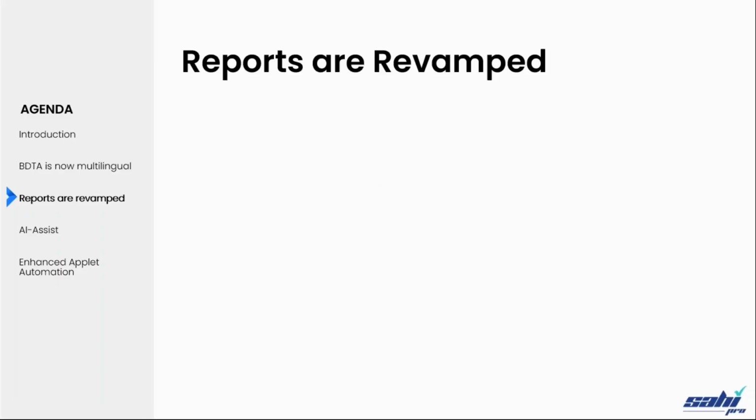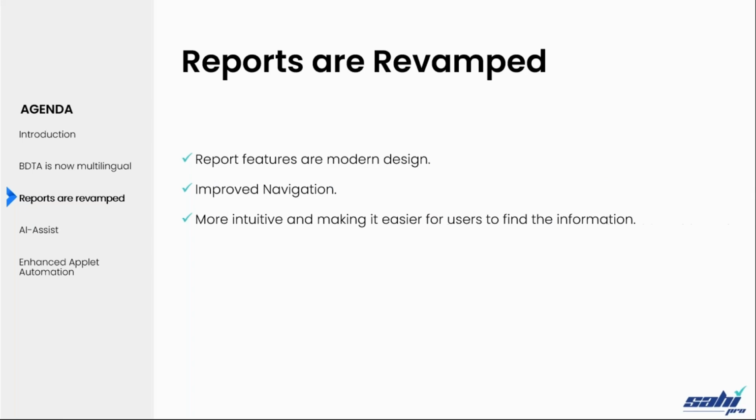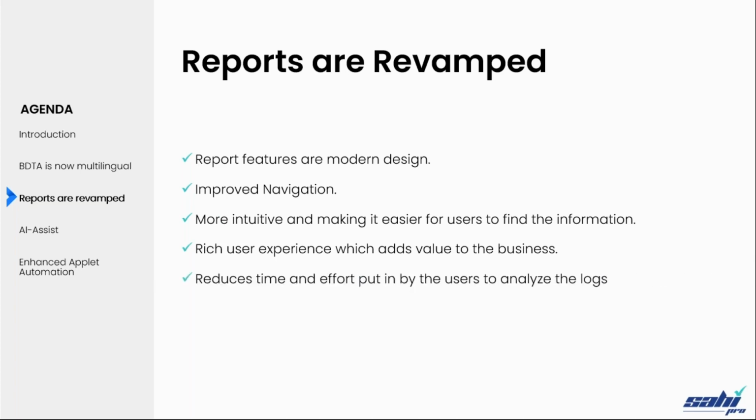The next is we have revamped our reports. The new report features a modern design, improved navigation, and an intuitive user interface that makes the right information easier to find for our users. The rich user interface adds a lot of value to the business and reduces the time and effort put in by the user to analyze the reports.